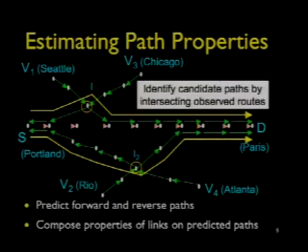Though the challenge here is there are several other intersections possible between our measured routes, and we have to choose among these candidate paths what exactly is the right path between S and D. The way we do so is by using several properties of how routing works: the fact that BGP tends to prefer shorter AS paths, and that many people do early exit routing.